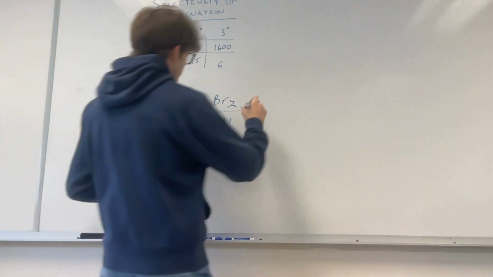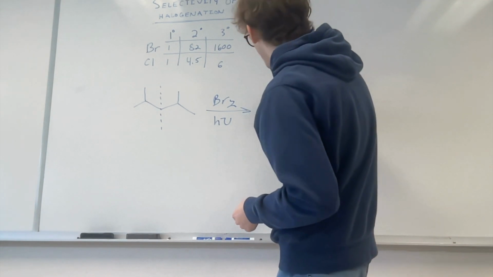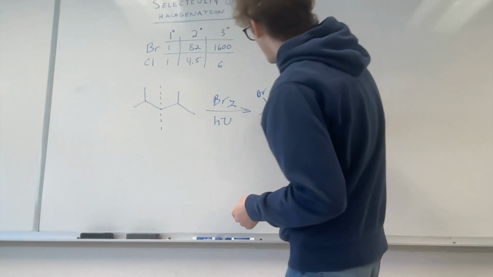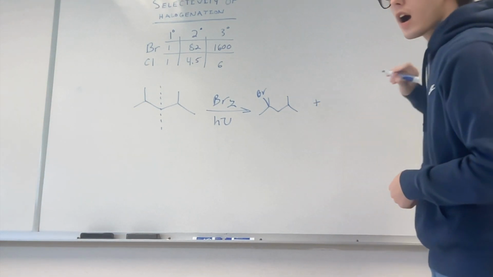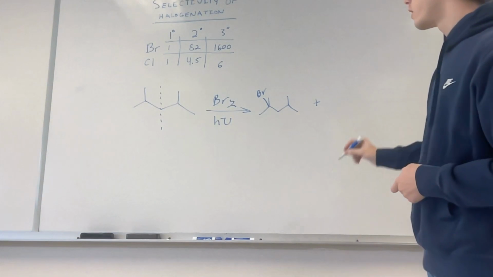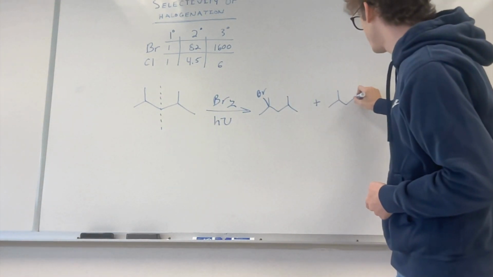Well, I know that we could make a tertiary product where I put a bromine in the tertiary position. I know I could also make a primary, so I'll make a primary one.